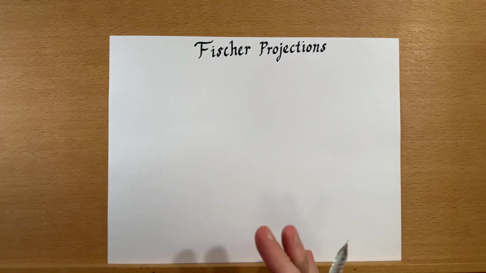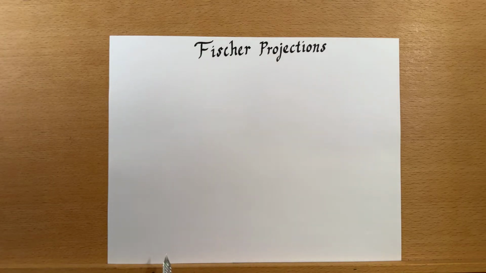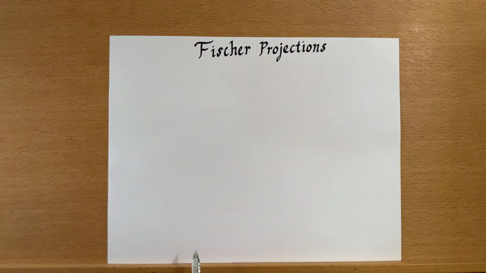Let's look at Fischer projections. Fischer projections were developed while Emil Fischer was working with sugars. And sugars are molecules that have several asymmetric carbons within one molecule.